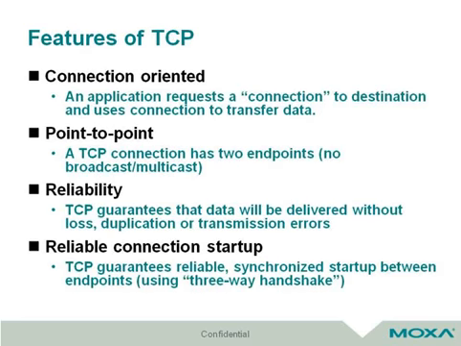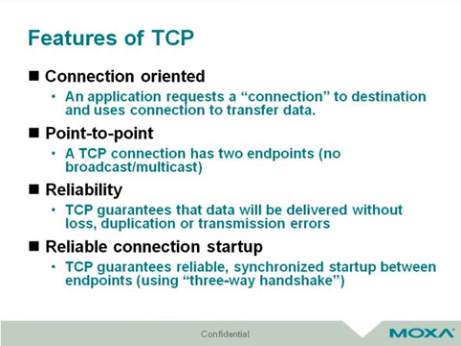Features of TCP. First, connection-oriented. An application requests a connection to a destination and uses the connection to transfer data. Second, point-to-point. A TCP connection has two endpoints, no broadcast and multicast.